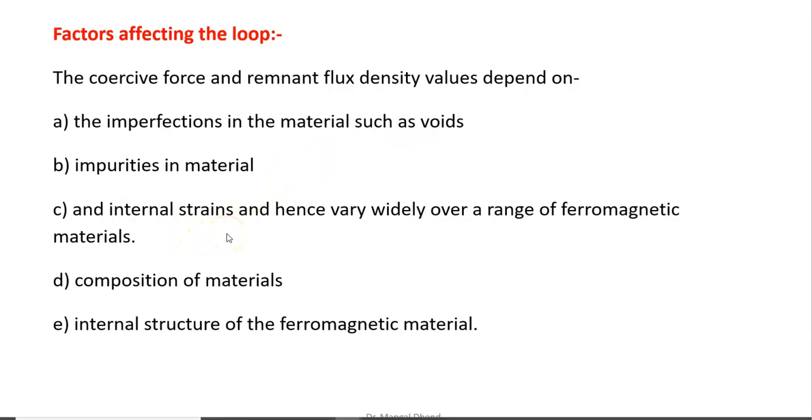Internal strains, which I just told you about as the domain walls, vary widely over a range of ferromagnetic materials. Composition of the material and its internal structure will also affect the loop. So impurities, voids, internal strains, composition and internal structure will affect the hysteresis loop.